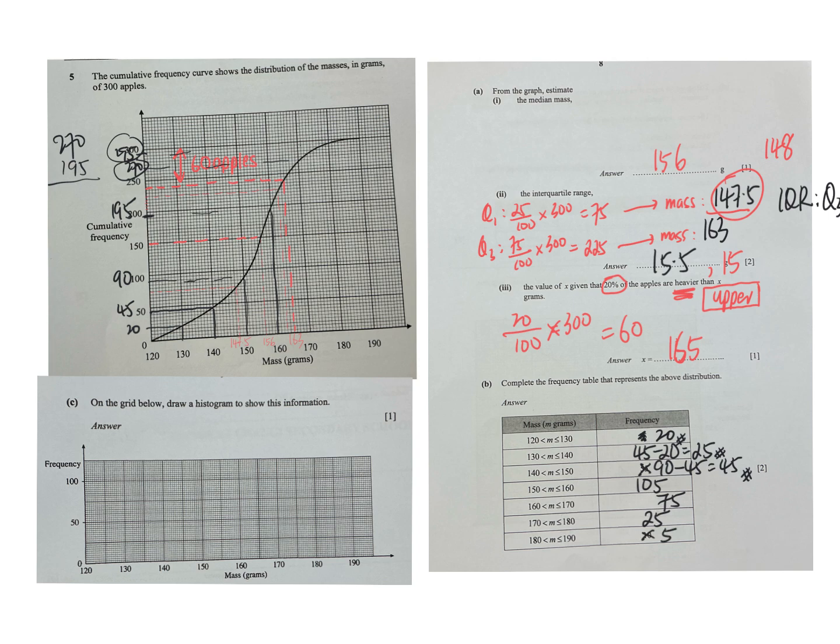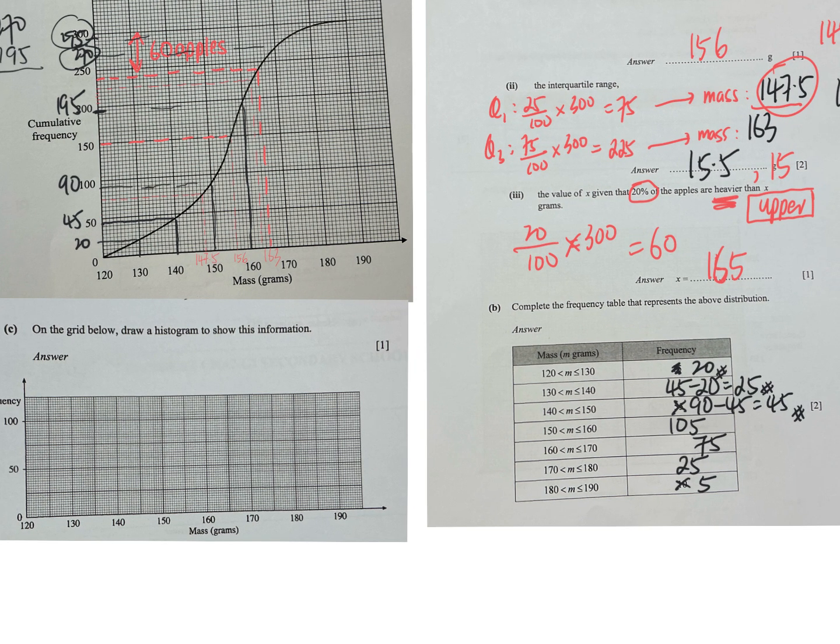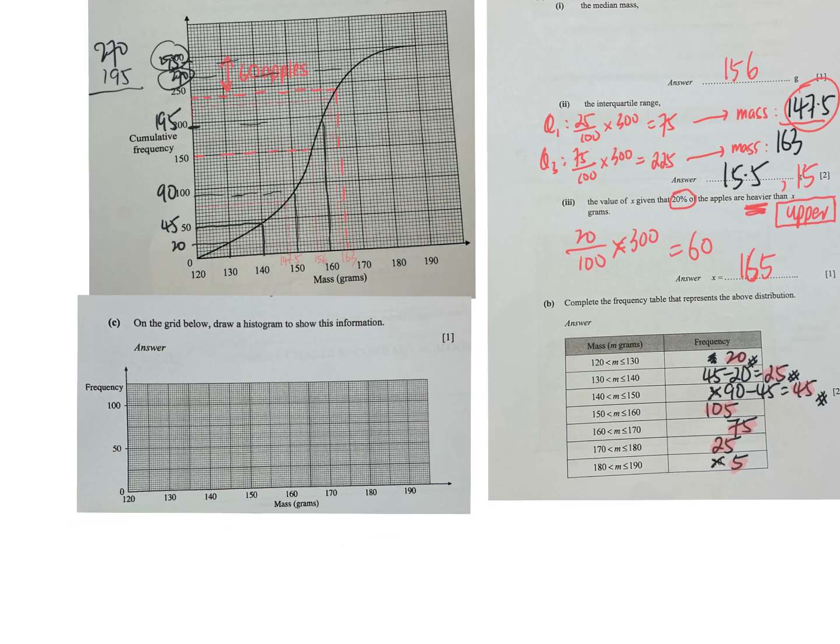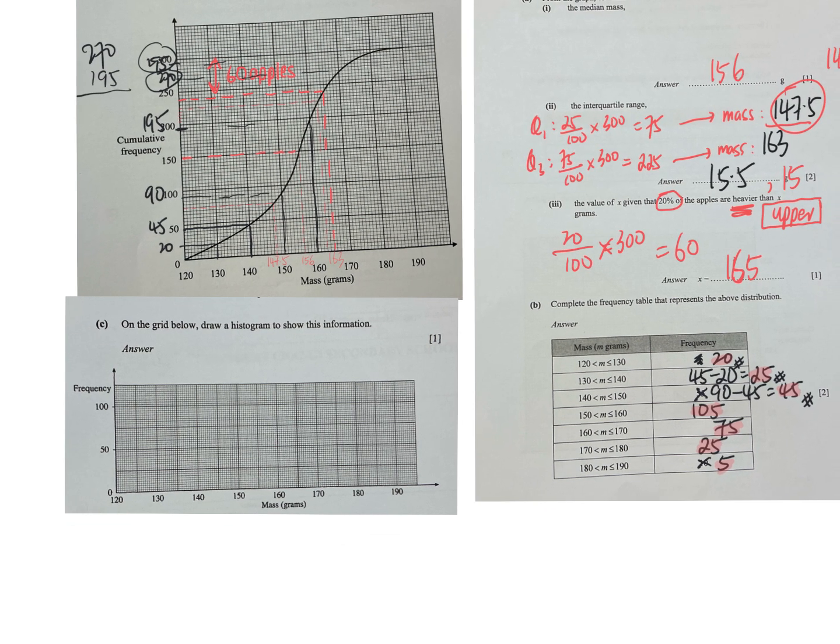So all this data must be correct first. It is 20, 25, 45, 105, 75, 25, and 5. So that year there was some errata that we go and change the two values. Okay, then drawing shouldn't be a big issue.